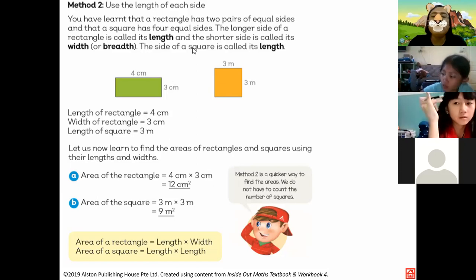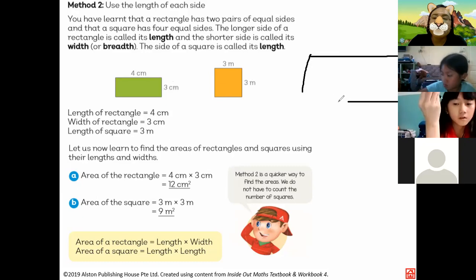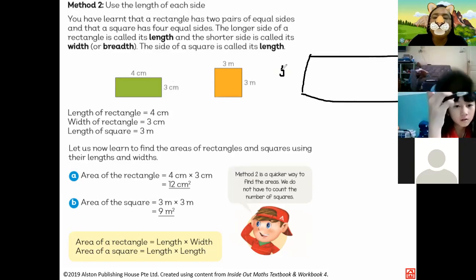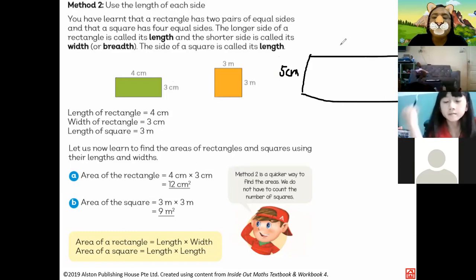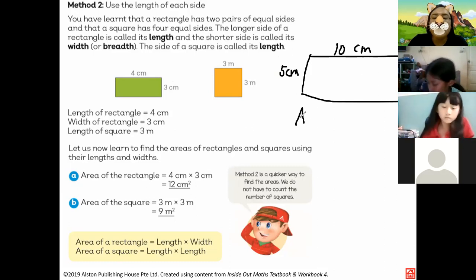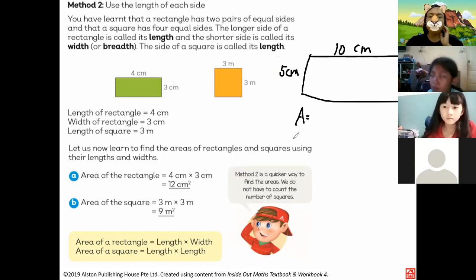I have a rectangle here, and the width is 5 centimeters and the length is 10 centimeters. What is the area of this figure? What is the area of the rectangle?